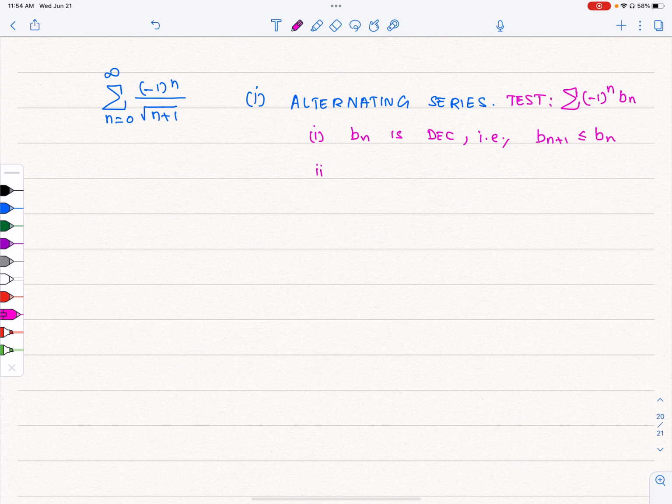Number two, the limit as n goes to infinity of b_n is equal to 0. If these two conditions happen, this is convergent.